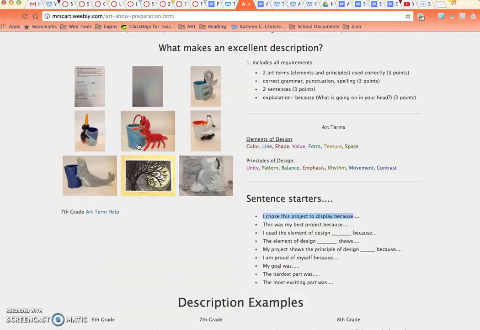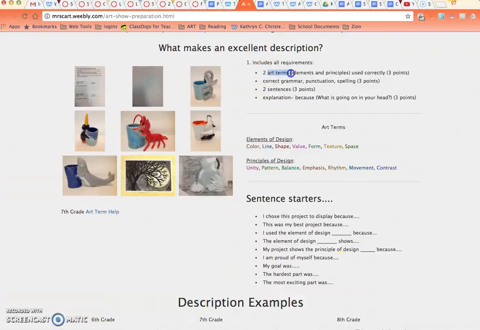That's one sentence. Then I could say, I am proud of myself because creating the form of the animal was very difficult, and I think that it turned out really nice when I was attaching things, period. And you're done. 2 sentences, that's it.